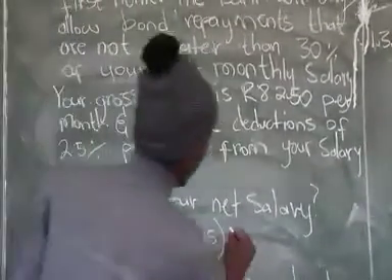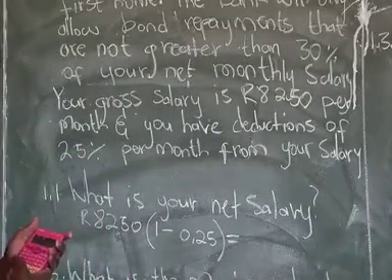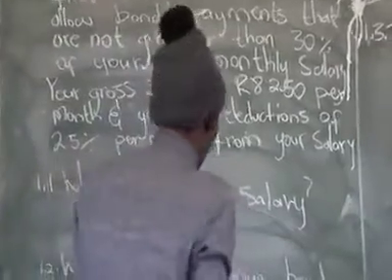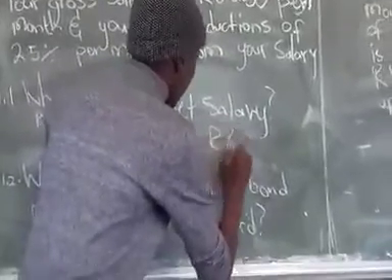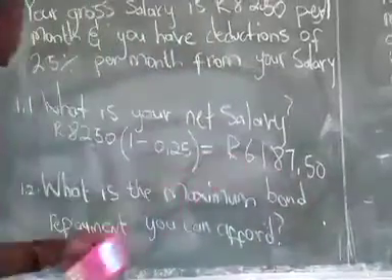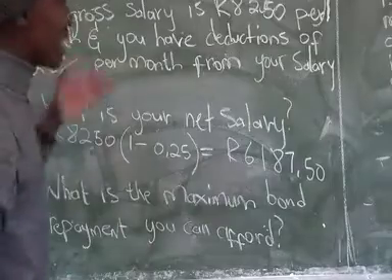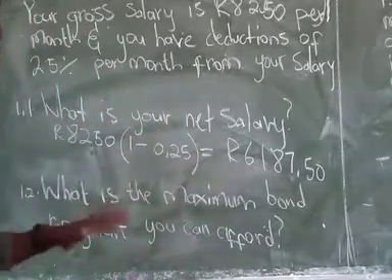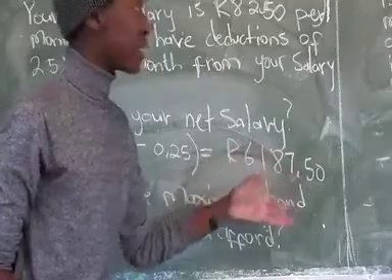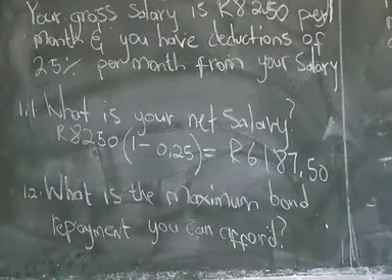So the answer that you get is that your net salary is 6,187.50. That is after the insurance and medical aid and everything have been deducted. So we got 6,187.50.